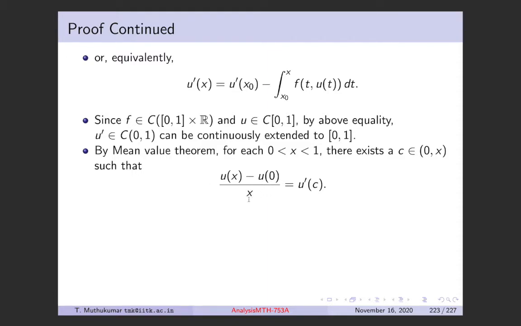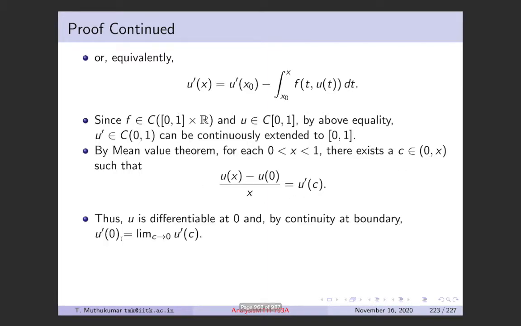Whereas on the other side, as x is going to 0, this choice of c, which depends on x, will also tend to 0. So the limit of x going to 0 here, basically on this side, actually means the limit of c going to 0, right? As x goes to 0, c will also go to 0. So from here we actually get that u is differentiable at 0, and u prime of 0 is actually the limit of c going to 0 of u prime of c, right?